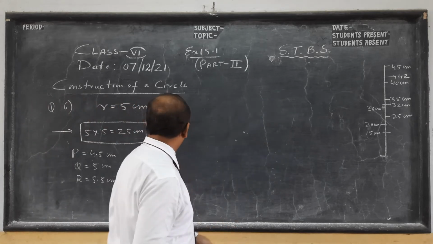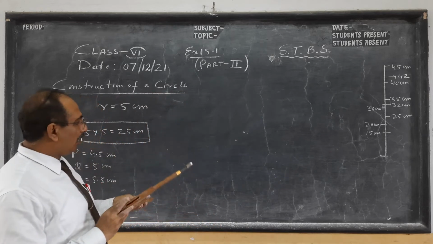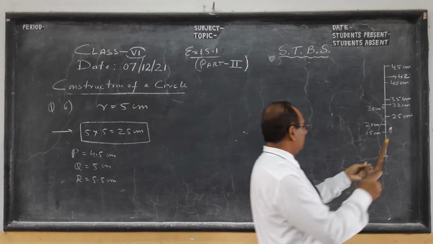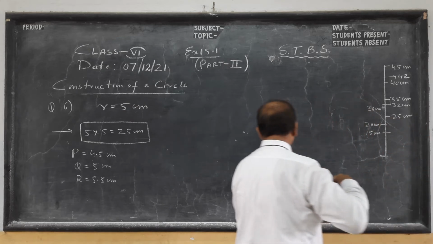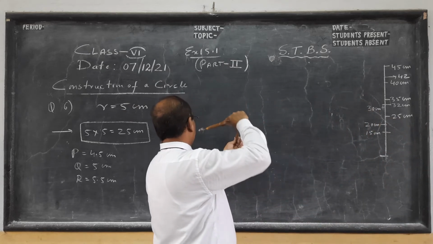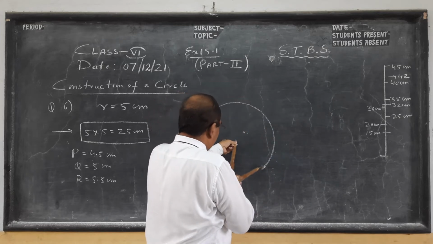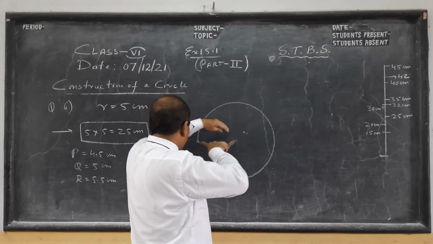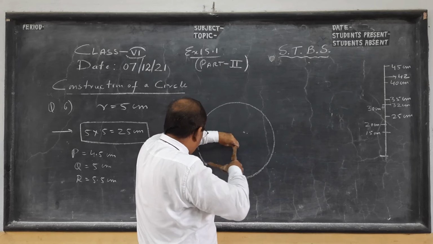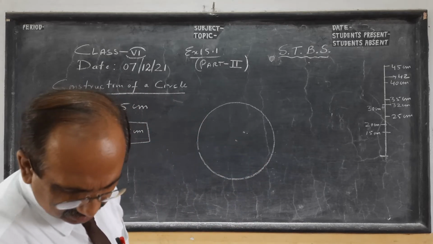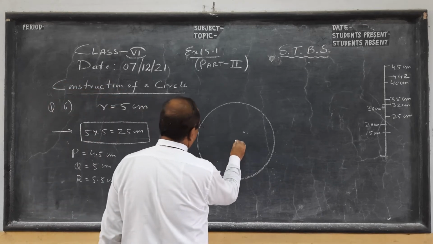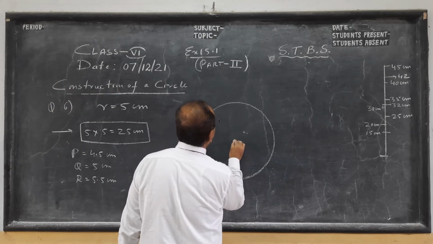So I multiply by 5 times, I draw with 25, so it will be okay for me to draw on the blackboard. I am drawing with 25, but let it be 5 centimeter to make your understanding easier.